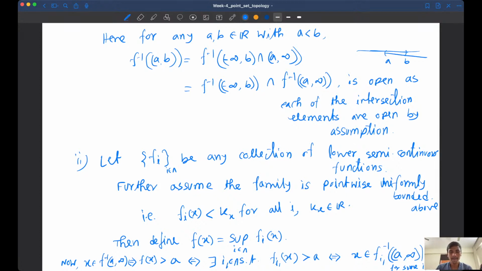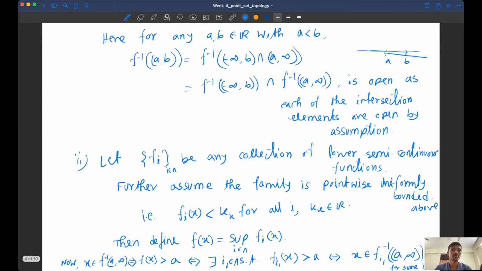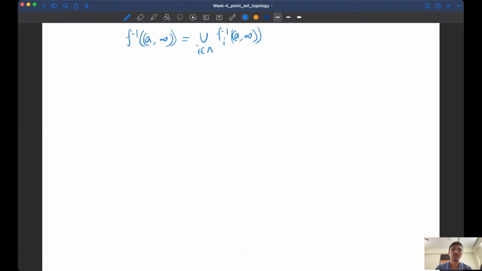Clear? Okay, so from there I wrote that f inverse of (a, infinity) is the union of f_i inverse of (a, infinity) over all i. Each of these f_i inverse of (a, infinity) is open, as the f_i's are lower semi-continuous.